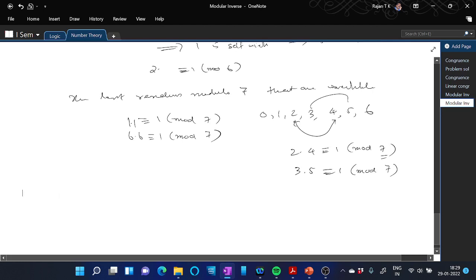Now let us take another problem to solve a linear congruence by using the idea of inverse.